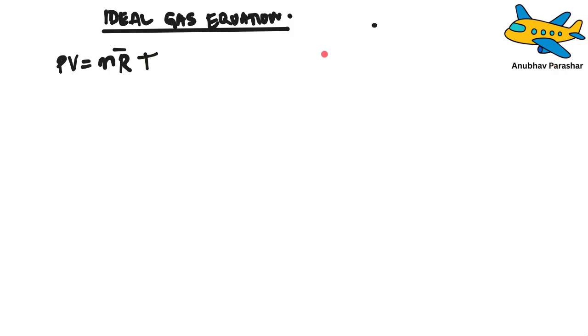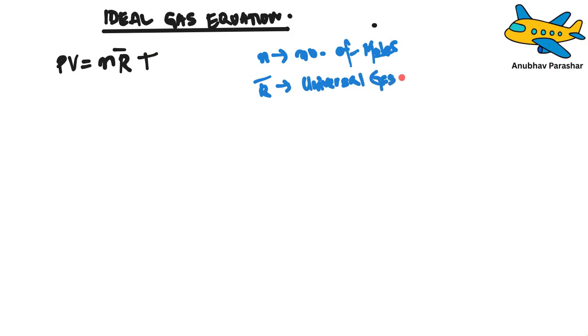If you're writing it this way, n is the number of moles, whereas R' is known as the universal gas constant, and its value is 8.314 kilojoule per mole Kelvin. And it is the same for all gases, irrespective of what the gases are.